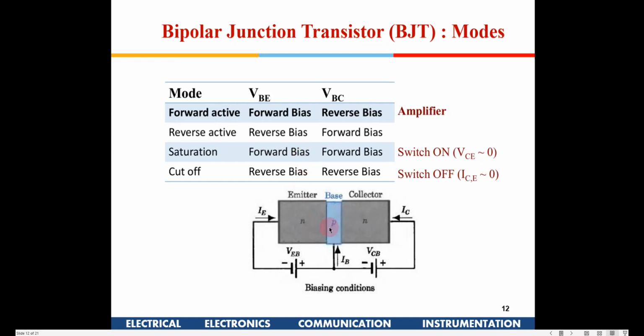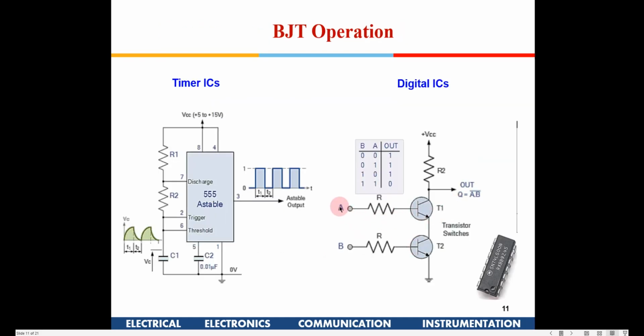Okay, this is known as saturation. Saturation is when this junction is forward biased and this is also forward biased. This is when the switch is on. Actually we don't bias it that way, but that situation comes whenever you suppose this is the transistor. Initially, this junction is going to be forward biased by giving plus here. This is initially reverse biased, like you have given a VC voltage out here, but when I give a supply voltage here, this becomes forward biased, this also becomes forward biased, with the current flowing out here.